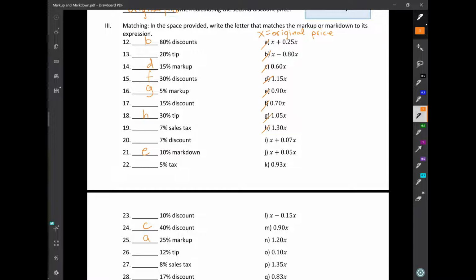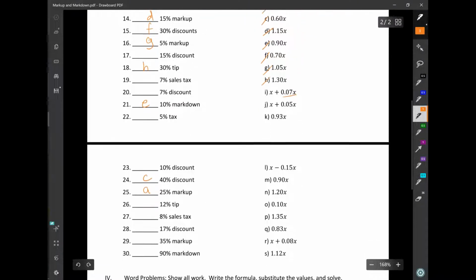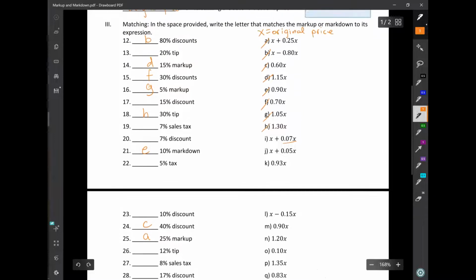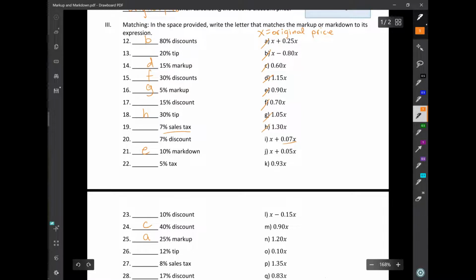X plus 0.07, so that's 0.07 times the original larger, or 7% larger. I don't see a 7% markup. I don't see a 7% tip. Oh, there. If there's tax, that's also the same functionally as a markup. So I can go there. Number 19. J is 0.05 larger. That looks like a 5% tax, or 5% markup.